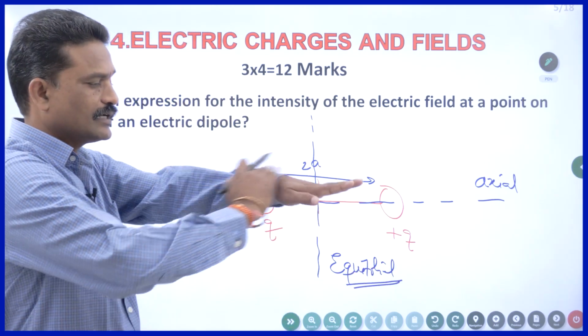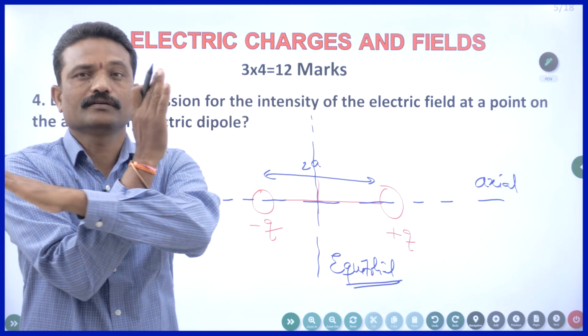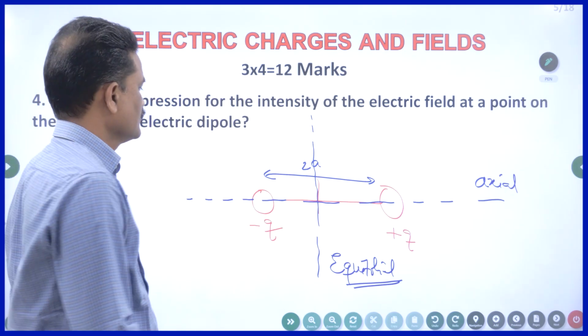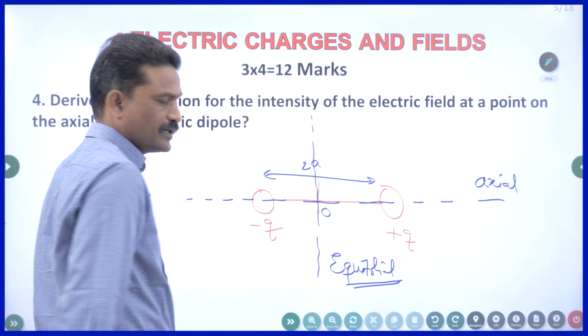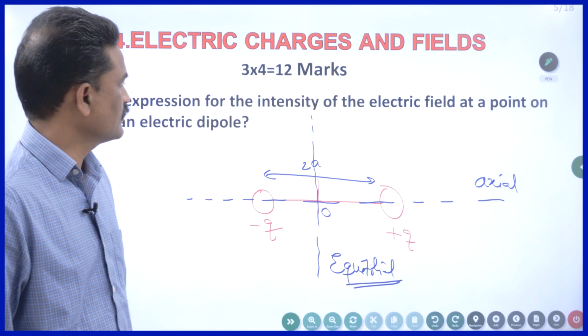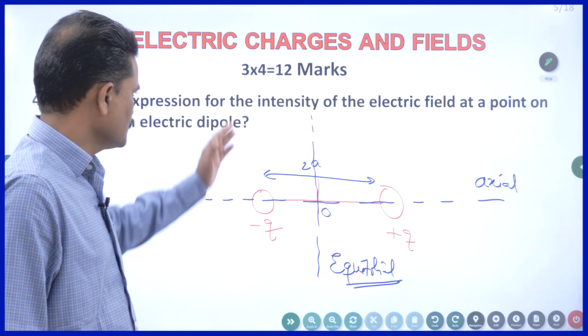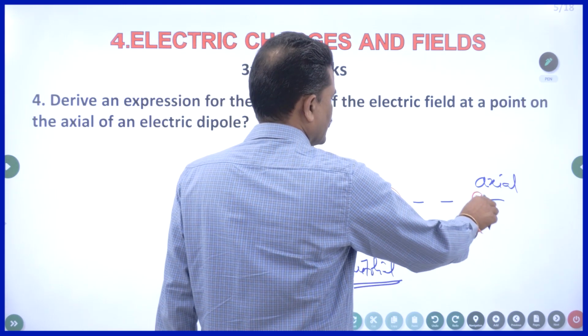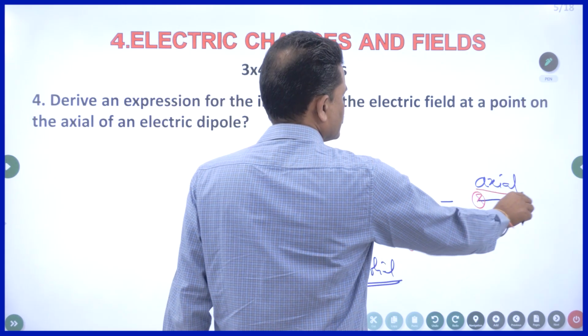The axial line is along the axis, and the equatorial line is perpendicular to the axis, passing through the midpoint of the dipole. Is this clear? So in this question, you are supposed to find the intensity of electric field at a point P on the axial line.